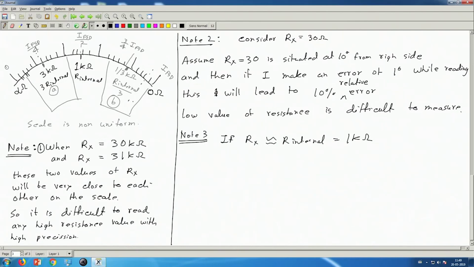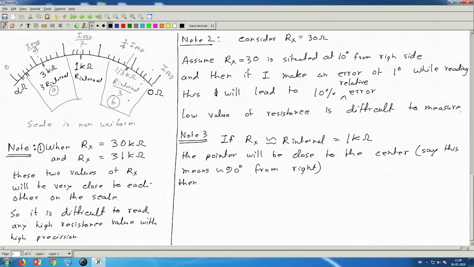Okay, so if Rx is equal to R internal, the pointer will be close to the center, and this means 90 degree, approximately 90 degree from the right.